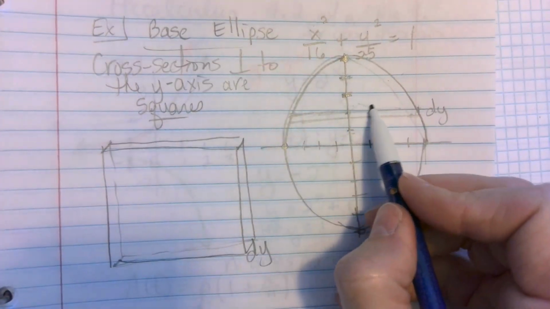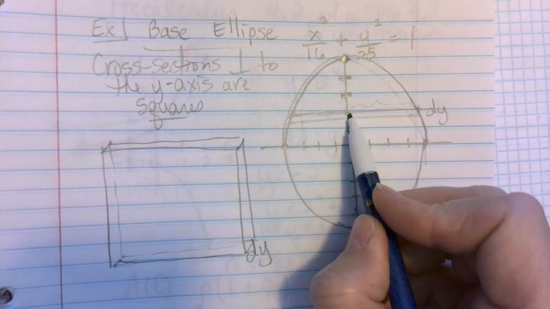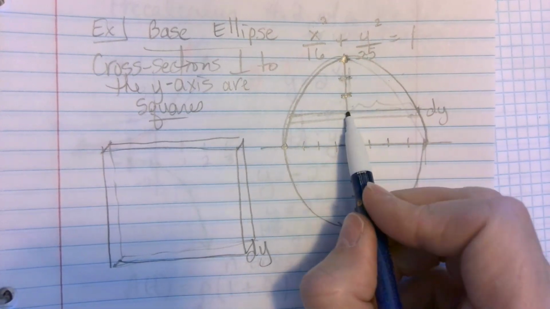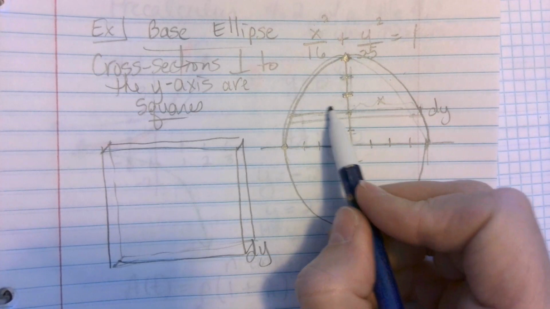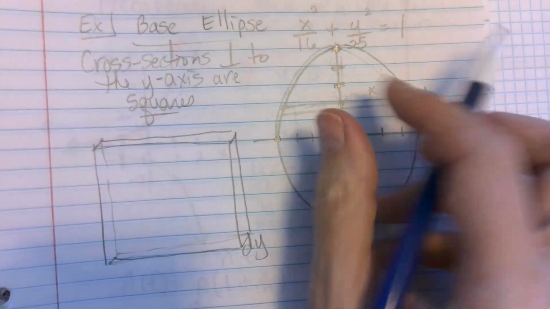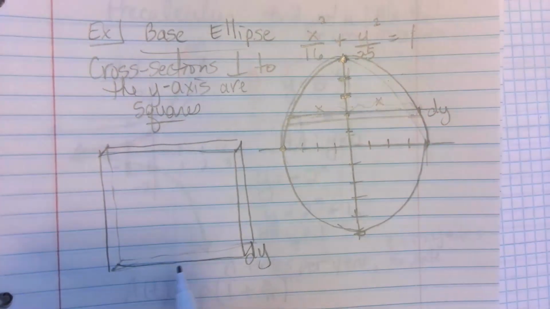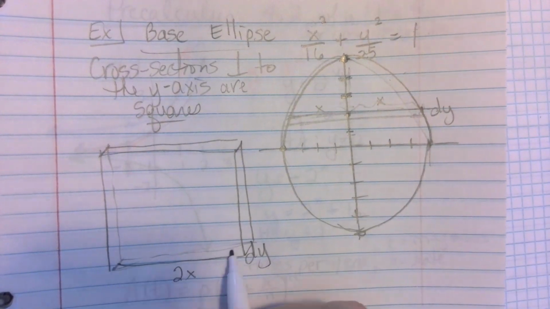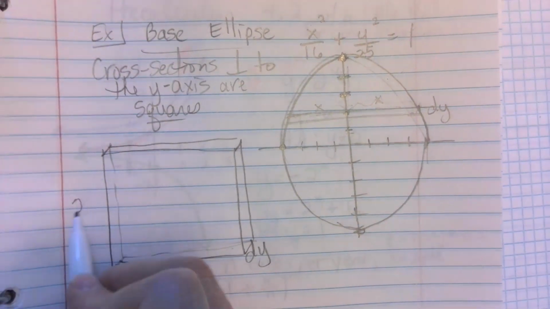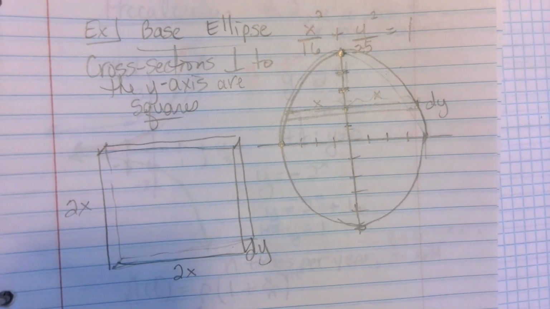Now this is a little bit weird because we know the distance from the y-axis over is an x value, and because of symmetry this would also equal x, so I hope you would agree that that whole length would be 2x, and since it's a square it'd be the same thing over there.